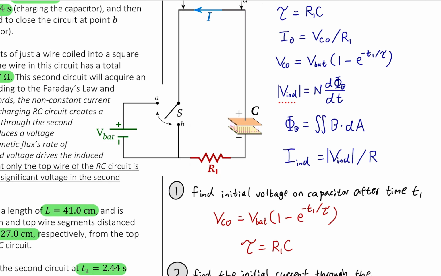Sometimes you don't have to do both, but one of them is to do an area integral, so a double integral, to find the total flux through your enclosed area, because you have to have some enclosed area in order to have an induced voltage. Then you take the derivative with respect to time. So integral first to get the magnetic flux, then the derivative with respect to time to get the induced voltage.